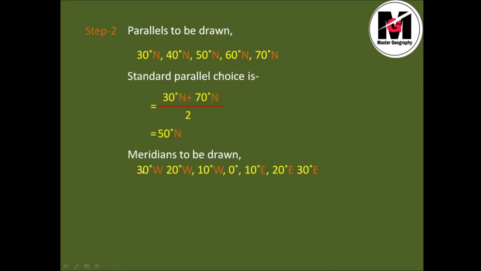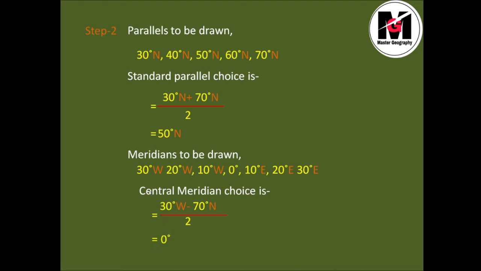So 30 degree west, 20 degree west, 10 degree west, 0 degree, 10 degree east, 20 degree east, 30 degree east. Now I will have to determine the middle longitude. First number plus last number divided by 2 equals 0 degree. So this is the central meridian.